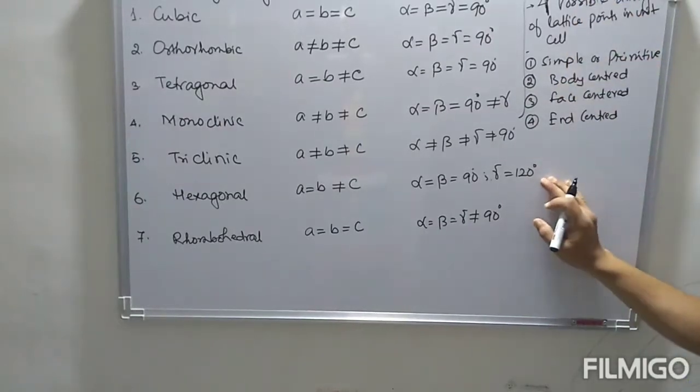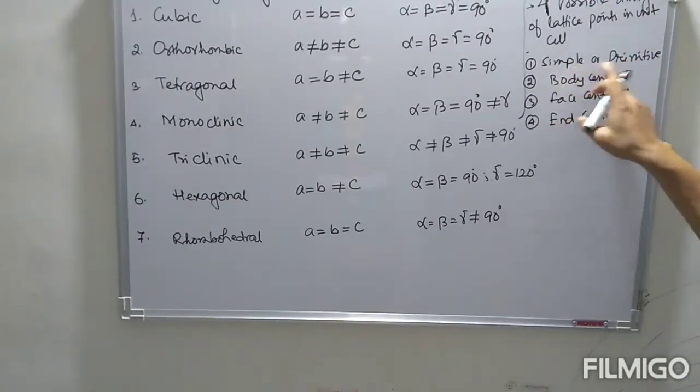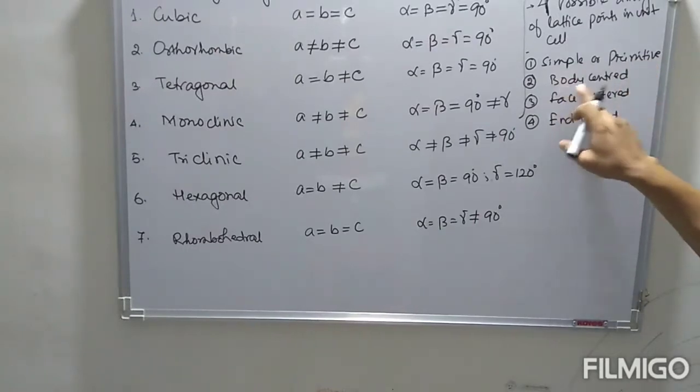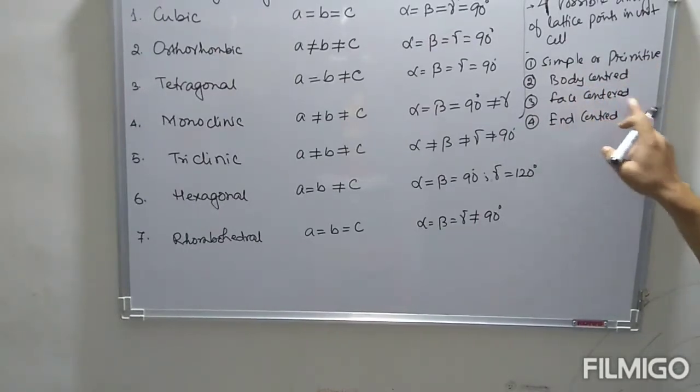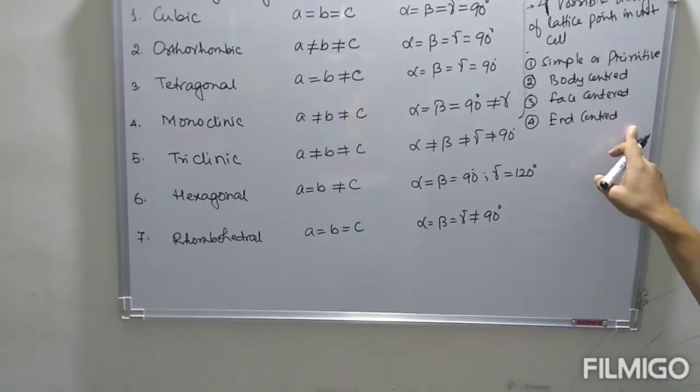These 4 possible arrangements are simple or primitive unit cell, body-centered unit cell, face-centered unit cell, and end-centered unit cell.